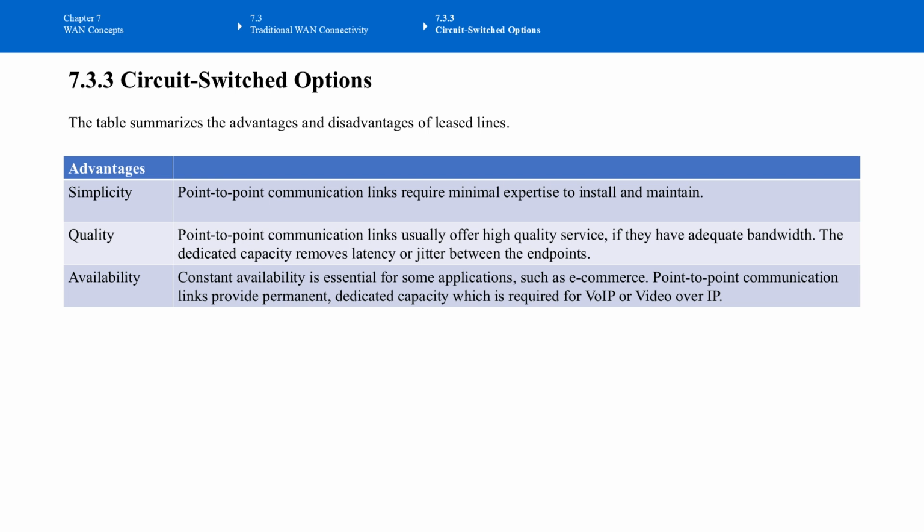For quality, point-to-point communication links usually offer higher quality service if they have adequate bandwidth. The dedicated capacity removes latency or jitter between the endpoints. And also availability: constant availability is essential for some applications, such as e-commerce. Point-to-point communication links provide permanent, dedicated capacity, which is required for voice over IP or video over IP.